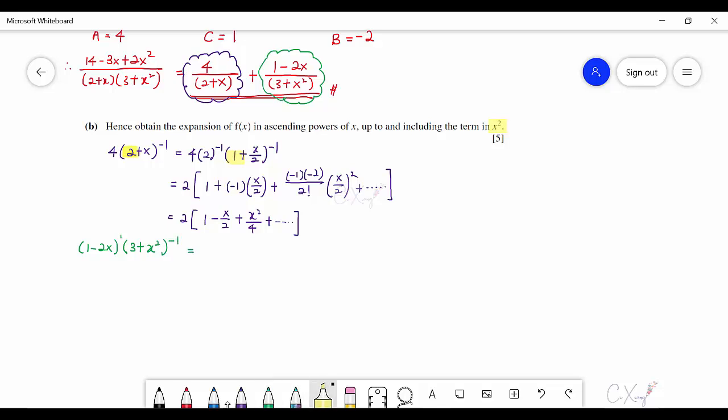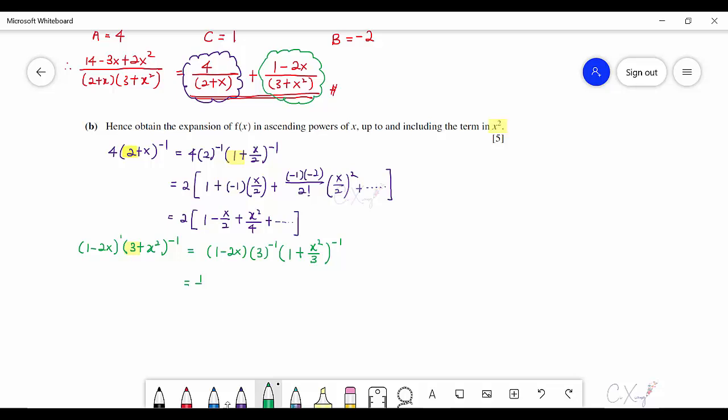Again, to apply the binomial theorem, I need to ensure that the first term starts with 1. So you have to factorize out the 3 with the power, and then inside the bracket you have 1 plus x squared over 3, to the power of negative 1.